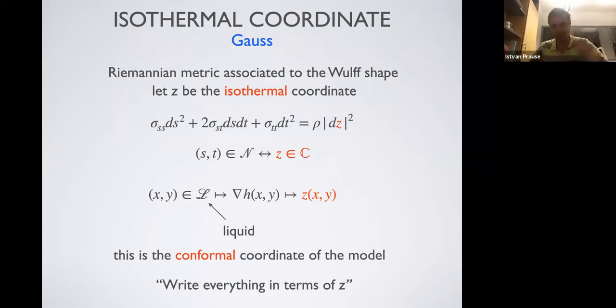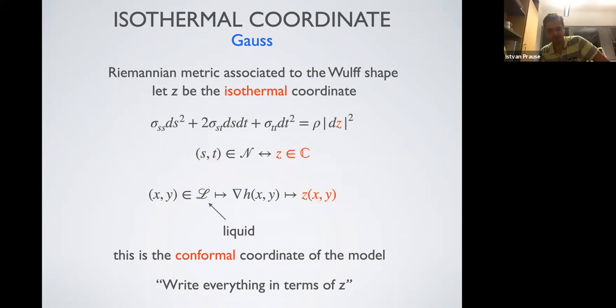Now, this was done on the loop shape level, but at the same time we can do this also for any limit shape on the liquid part. Namely, I now use the small xy coordinates for the liquid region. It means that there is a well-defined gradient to the height, or to the limit surface there, which is given by some certain slope, which can then be associated to complex numbers.